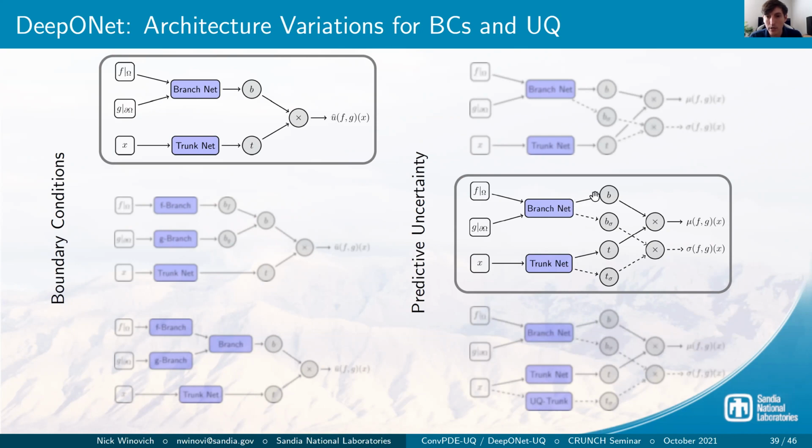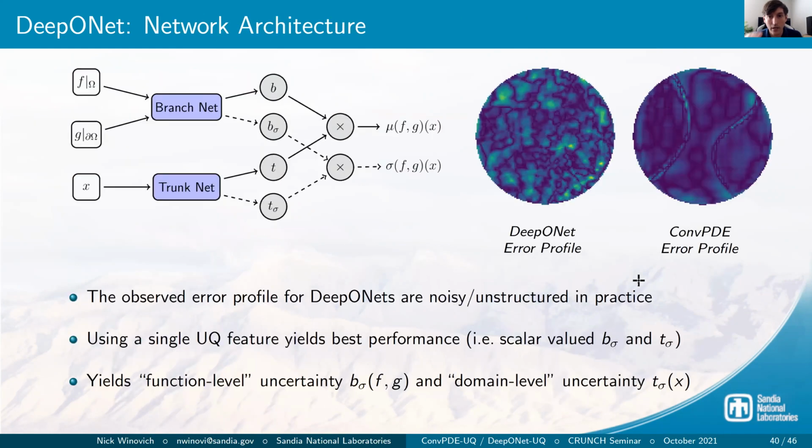So we'll just predict separate weights for the mean and the standard deviation and separate bases for the mean and standard deviation. However, in all of these variations, every format that I tried, I keep getting these quite noisy error profiles. So this is the final network structure.